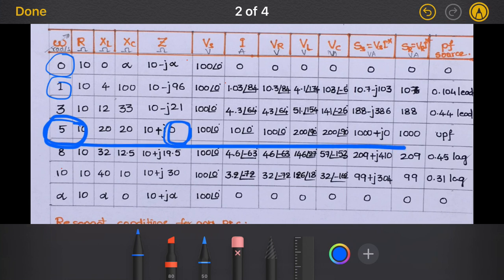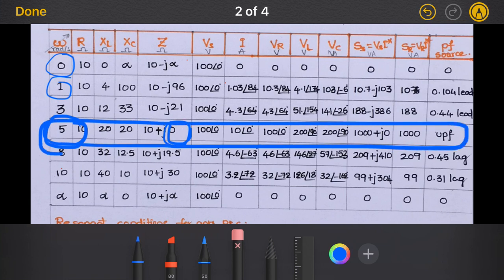This is the resonant condition, right? So for any RLC circuit, if the imaginary part of the impedance or the imaginary part of the admittance is 0, then the circuit is at resonant condition. This is the final definition for resonance.